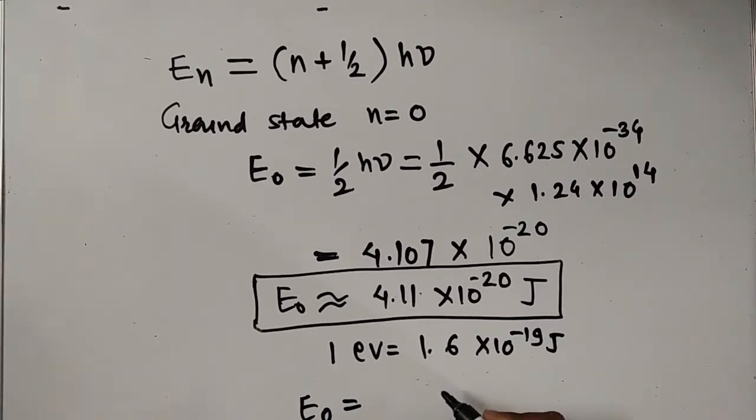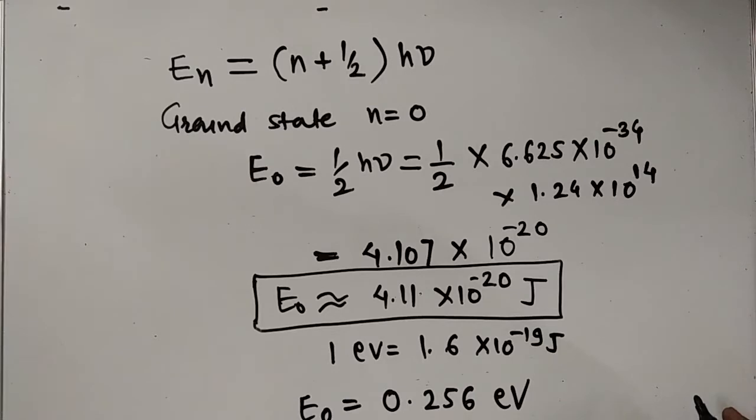So if you want to convert in electron volt, we can convert, otherwise we can leave it as it is, right. So divided by, so this value comes out to be 0.256 electron volt, right. If you want to convert, you can convert, otherwise you can write the values in joule also, right.